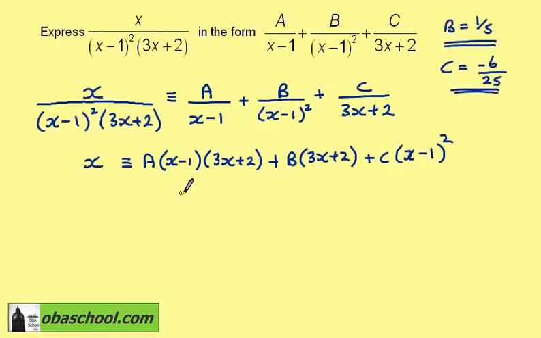At this stage, we've chosen the only two possible values of x that actually make terms disappear. We chose x equals 1, and that made the term involving a and the term involving c disappear.